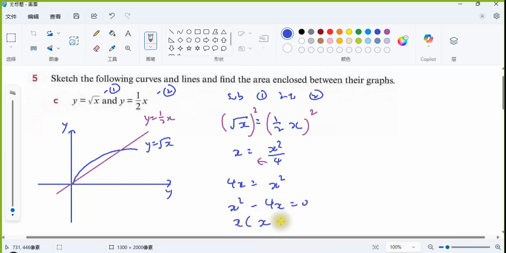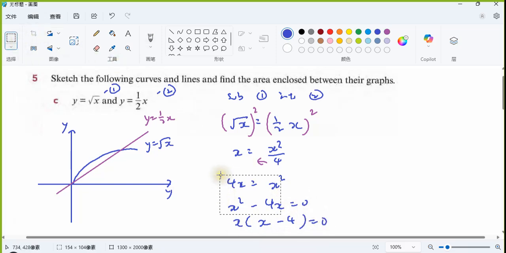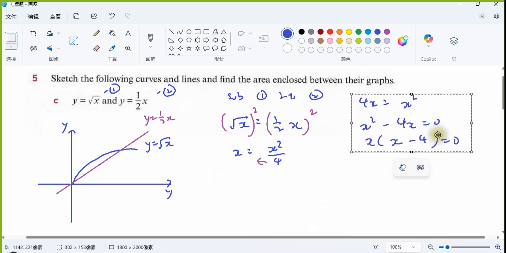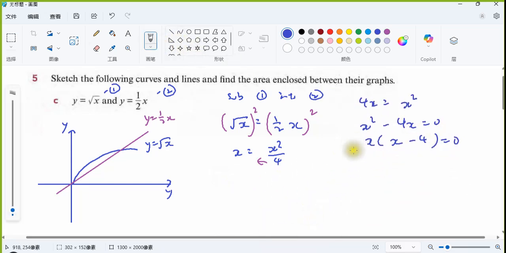Factorize the 4x. Then we will have x equal to 0, and at the same time, x equal to 4. So the intersection points are 0 and 4.